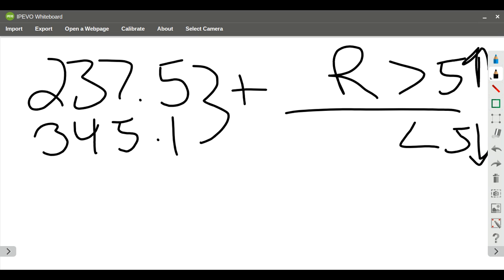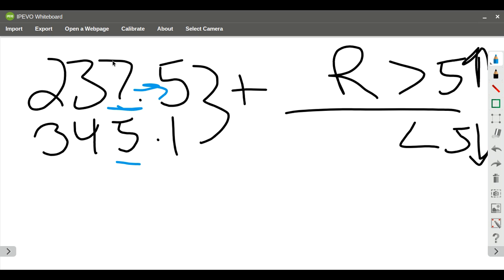When I round to the nearest whole number, that means I'm looking at this value right here, the 7 in 237 and a half, and the 5 in 345 and 1/10. That's the number where I decide whether to round up or round down. To know that, I have to look at the digit to the right.